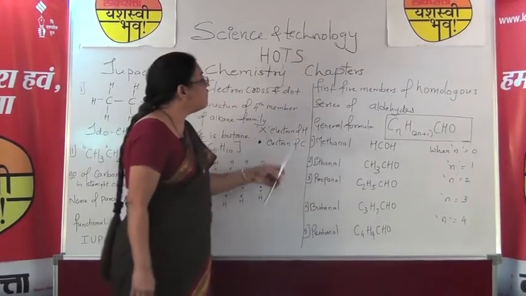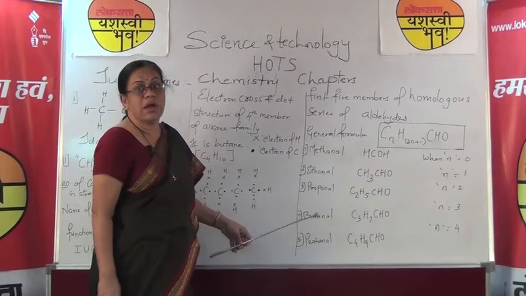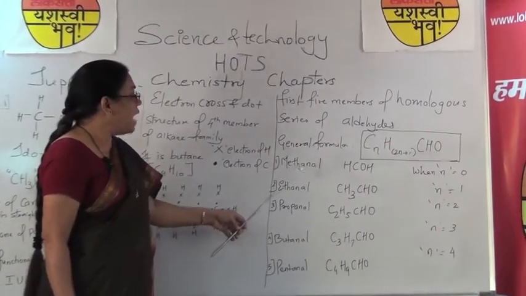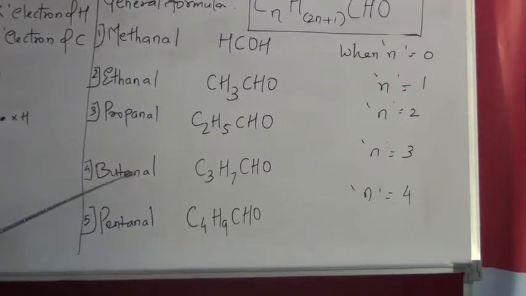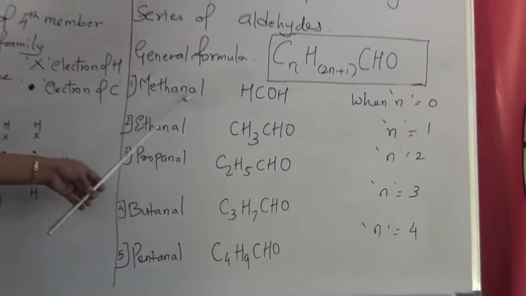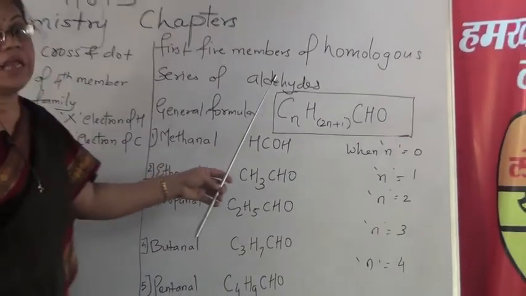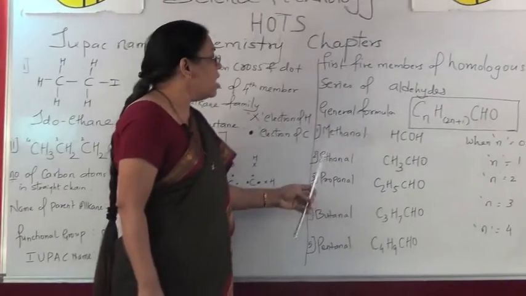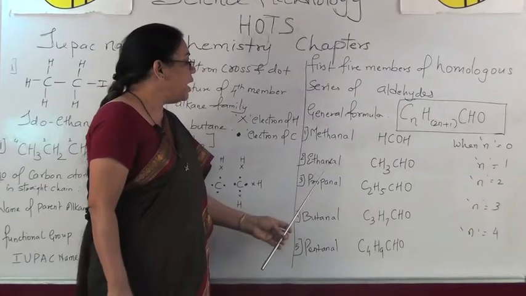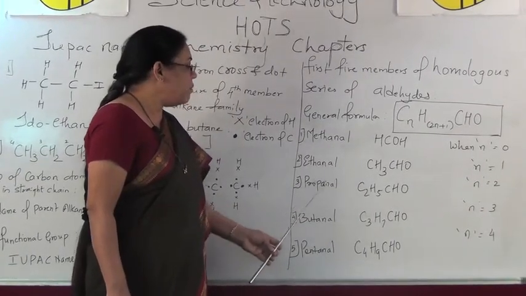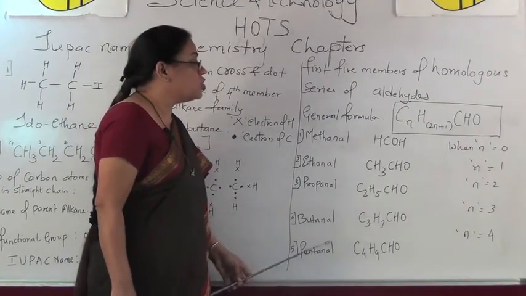The first 5 compounds formed here are methanal, ethanal, propanal, butanal and pentanal. You know that the suffix used for an aldehyde is AL, so methane becomes methanal, ethane becomes ethanal, propane becomes propanal and so on.